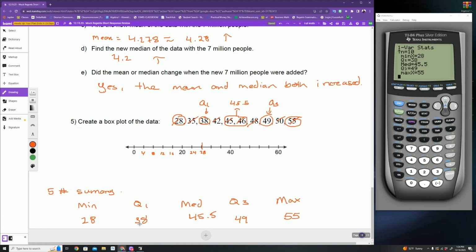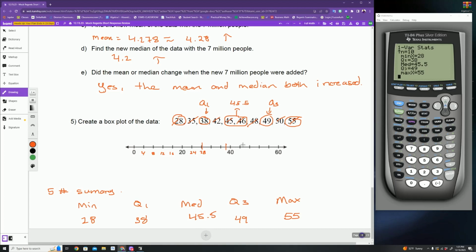The first quartile is 38. So I'm going to put a line on 38. If this is 28, this is 32, this is 36, 38 is going to be right about here. Then I'm going to put a line on the median at 45.5. We're making an approximate guess because we have intervals of 4. So if this is 40, this is 44, and after 44, this is 48.